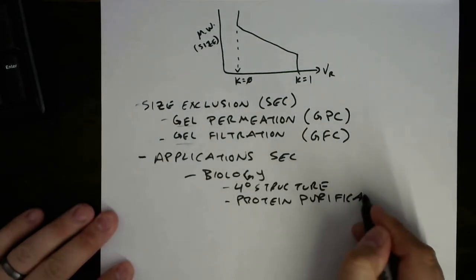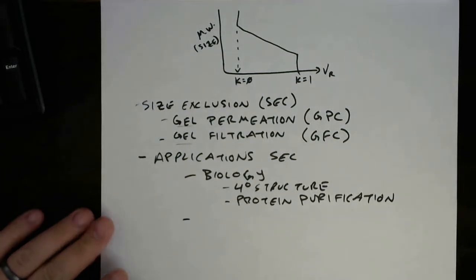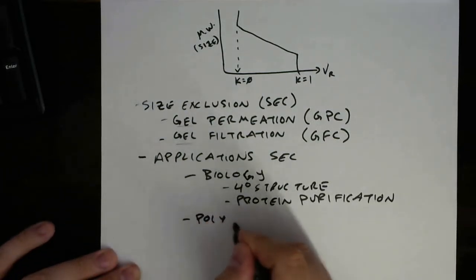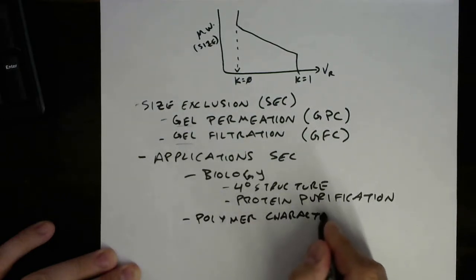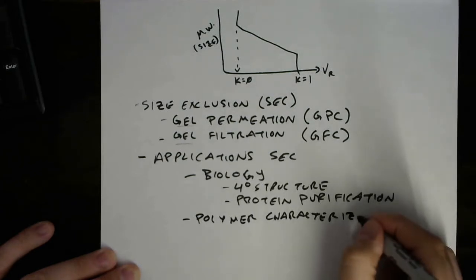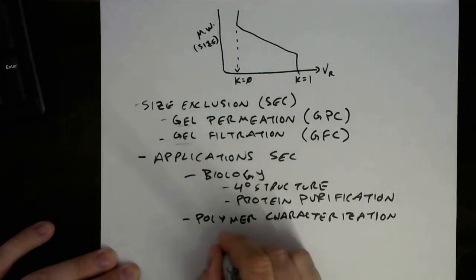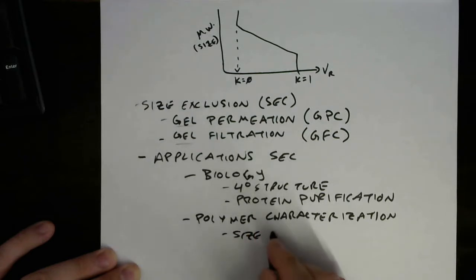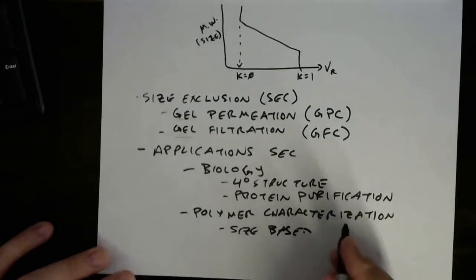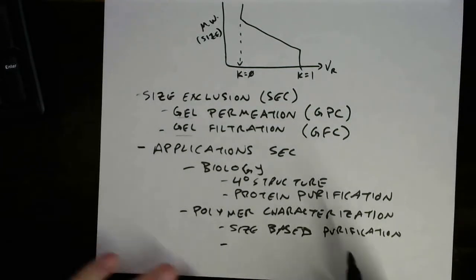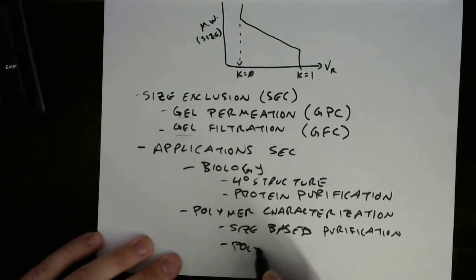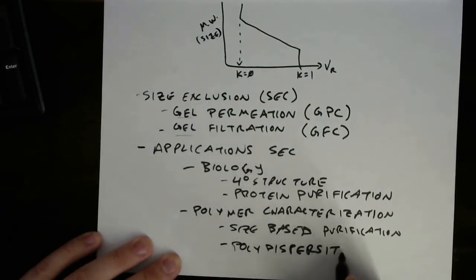And then it is highly used in polymer synthesis or characterization, polymer characterization, as both size-based purification, but also as a means for studying polydispersity, which is something that you can get from dynamic light scattering.